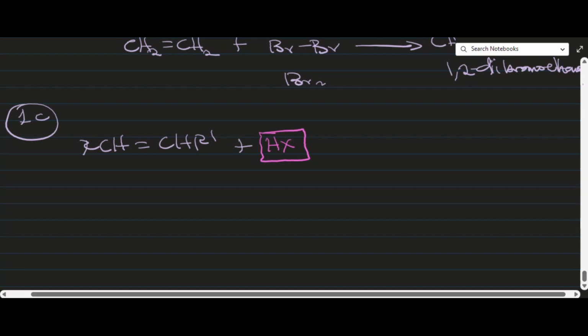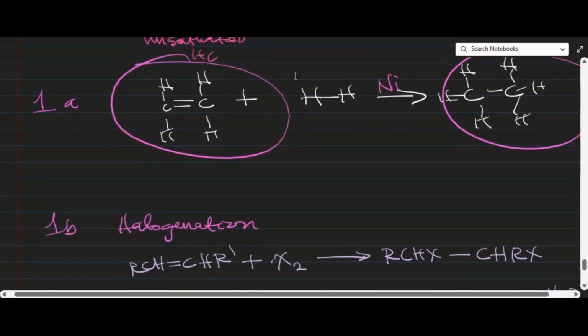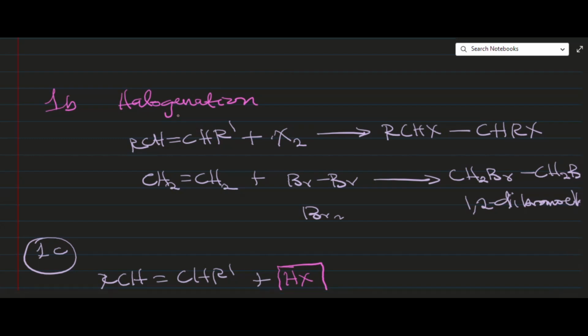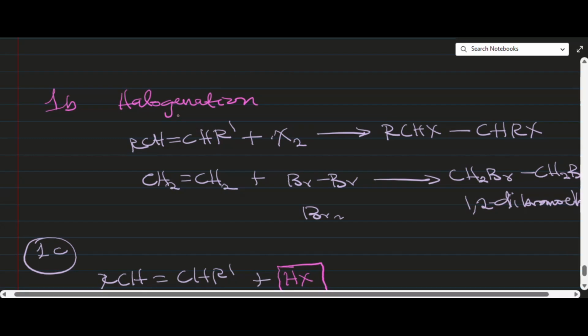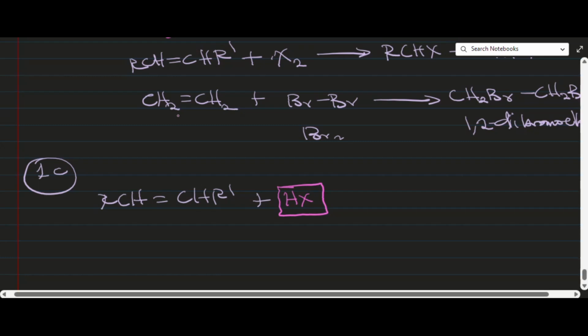Remember, up here we are dealing with hydrogen and bromine, so either can go to either of the two carbon atoms without thinking of which one will go. But in this case now, we have two different atoms. Where will hydrogen go? Will it go to this carbon or this carbon?